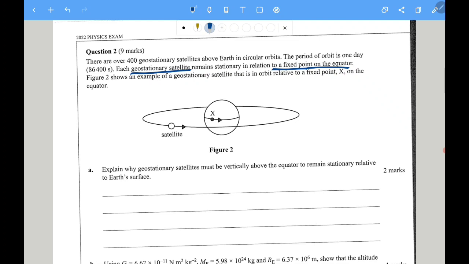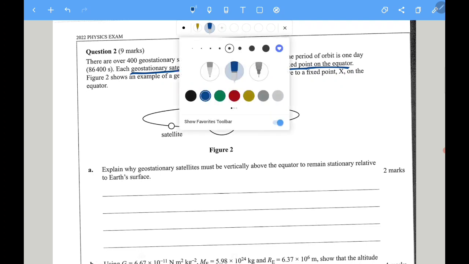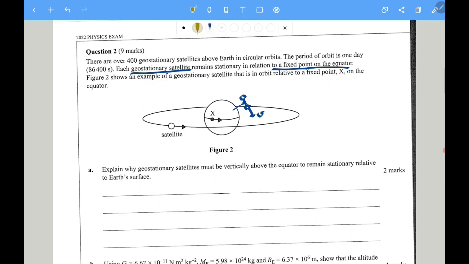So a geostationary orbit can't be generated from any point along any axis above the surface of the Earth. For example, if you have a satellite up over here, and it has a velocity, let's say, going in this direction, the gravitational force is always going to point towards the center of the Earth.